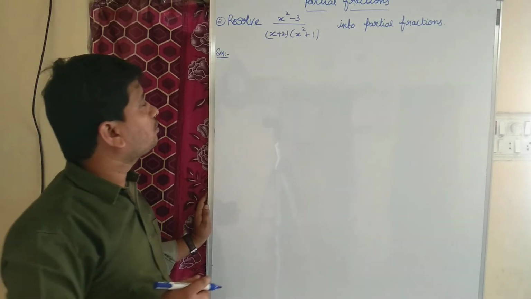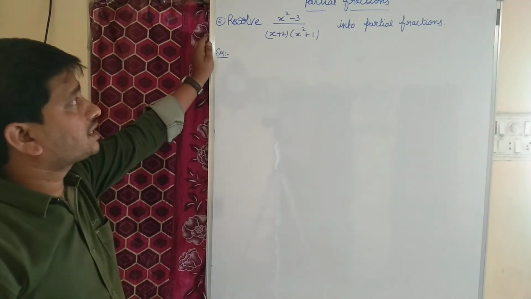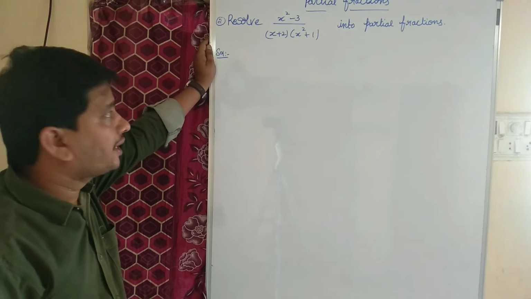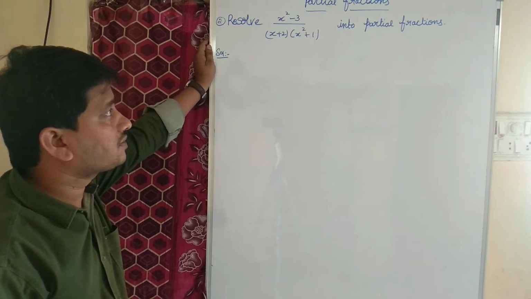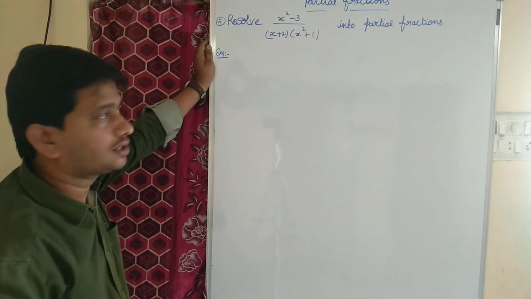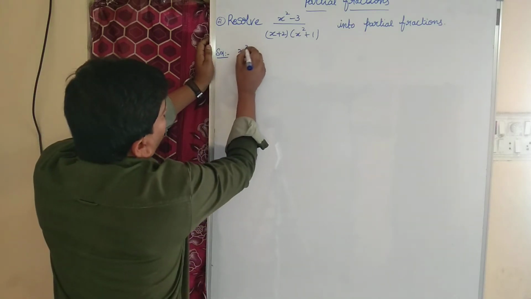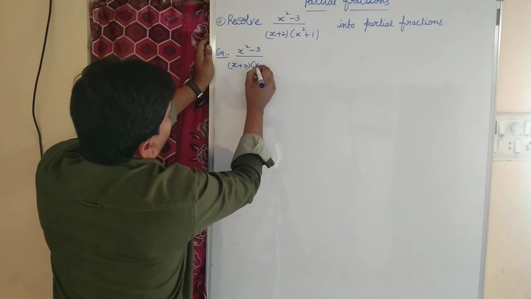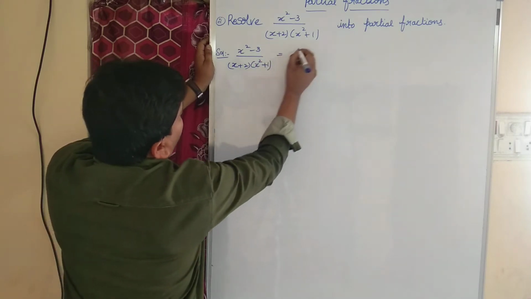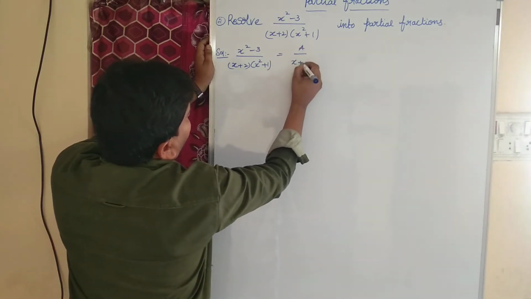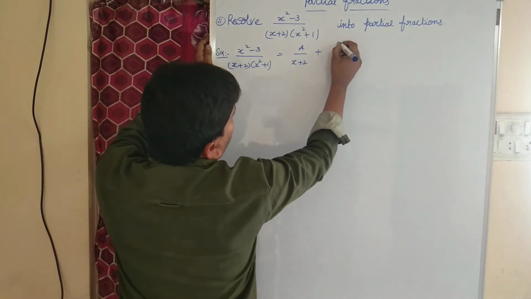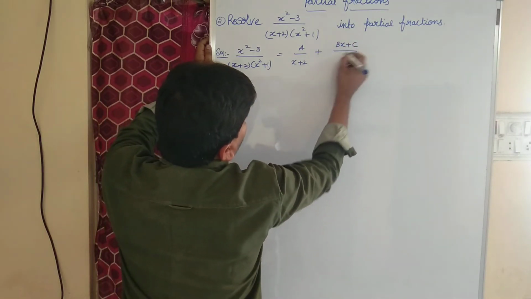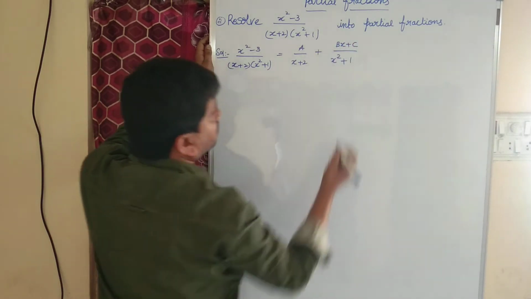Now coming to the second problem: resolve x square minus 3 by x plus 2 into x square plus 1 into partial fractions, right? x square minus 3 divided by x plus 2 into x square plus 1, I can write as a by x plus 2 plus bx plus c by x square plus 1.